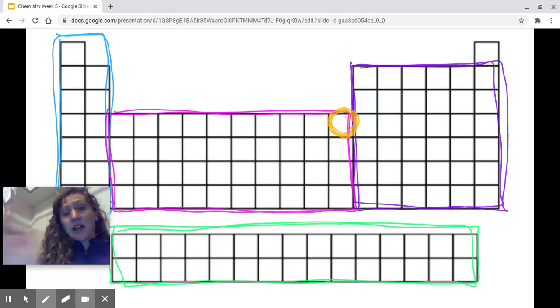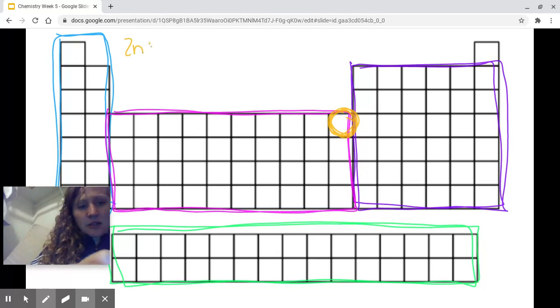So I'm just going to read left to right, top to bottom on the periodic table until I get to zinc. Okay, so zinc's electron configuration. I'm going to be in the 1s block. So 1s, and there's 2 electrons there. And then here I am in the 2s block. 1, 2 electrons there.